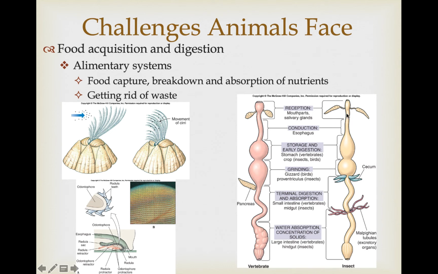But then we'll see that there's actually a lot of similarities in the alimentary tract between a variety of organisms like vertebrates and insects. They all have to take that food and move it through the body where they break it down both chemically and mechanically, and then we have to have an absorption area where it's absorbing those food products. And then eventually, obviously, you've got to get rid of those food wastes.